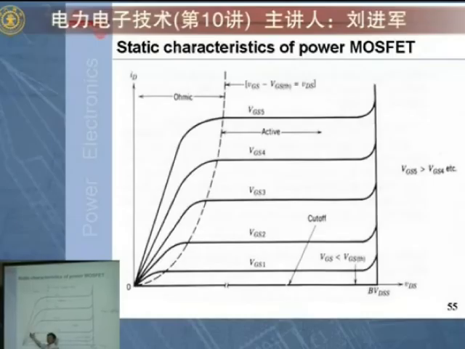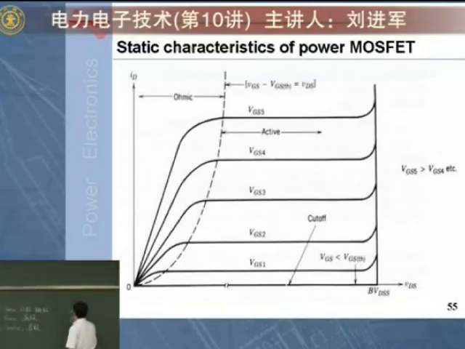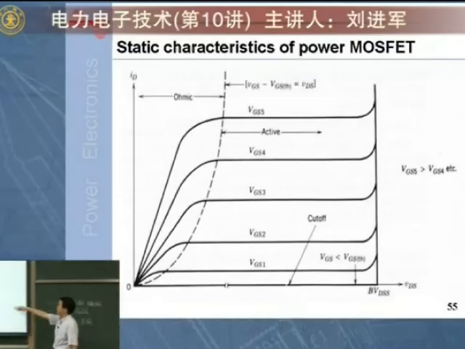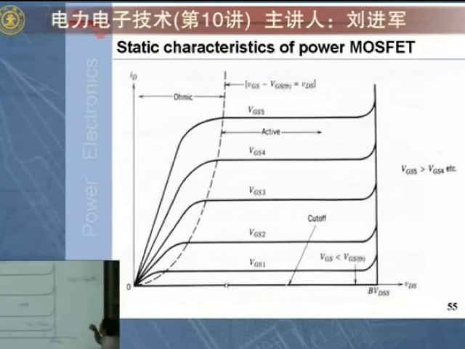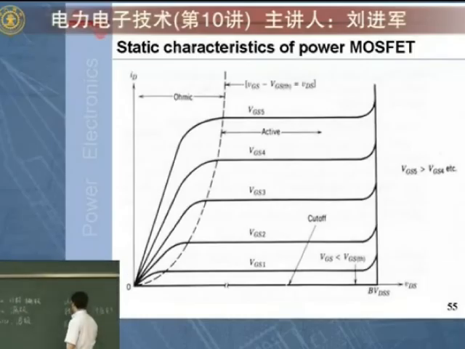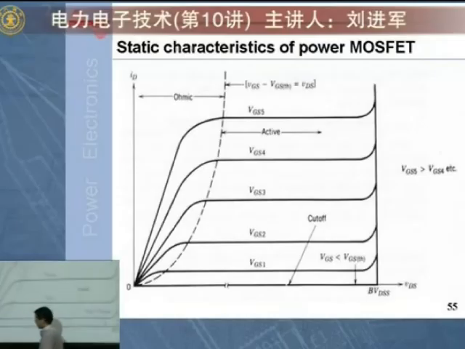For GTR, the transistor, this is called the saturation region, but for MOSFET, this is called the ohmic region. And then this area in between is called the active region. That's the same as information electronics.